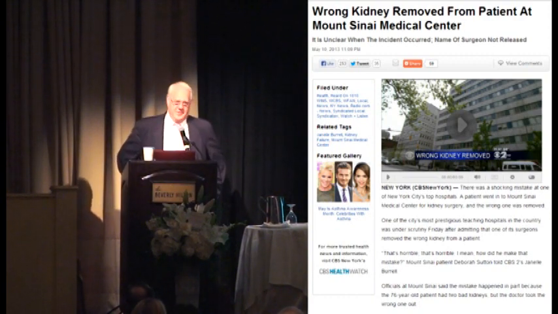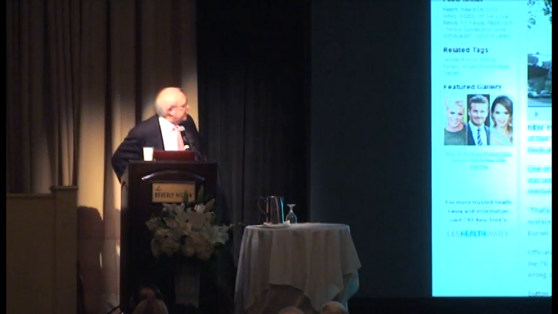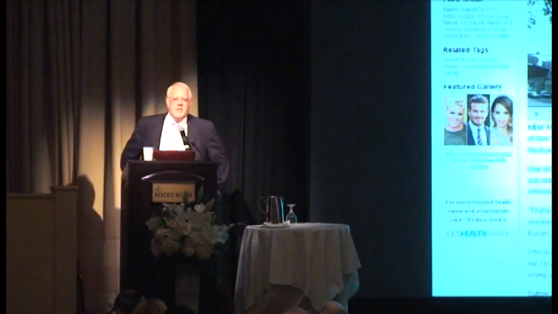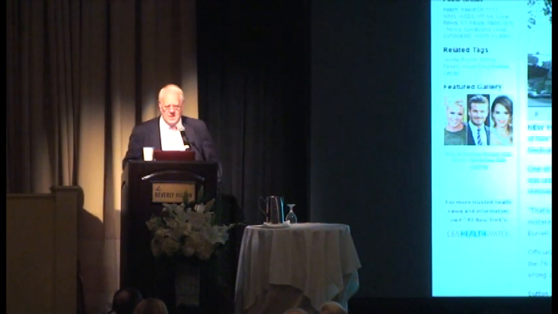He made both errors. He detected disease where there wasn't any, and he did treatment on a leg that didn't need it, or a kidney. I guess was it kidney? Yeah, kidney. So both errors are made, both at the same time. A type 1 and a type 2 error.